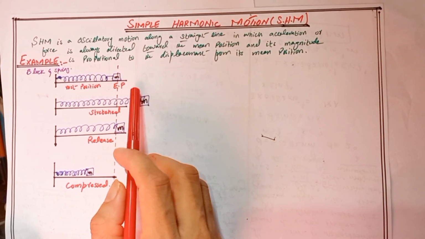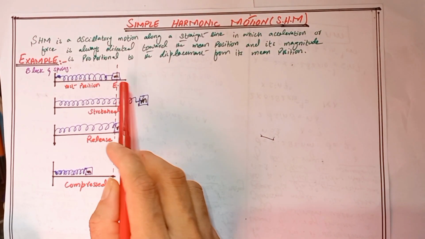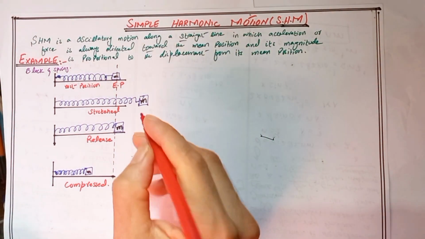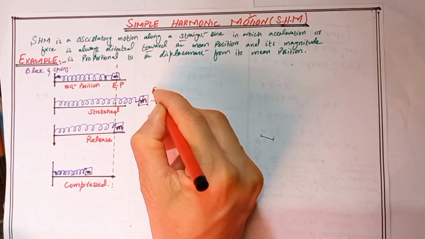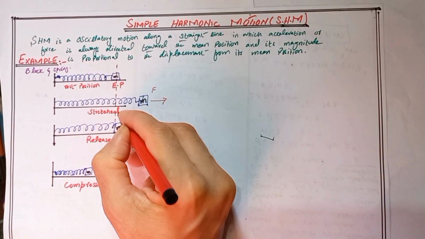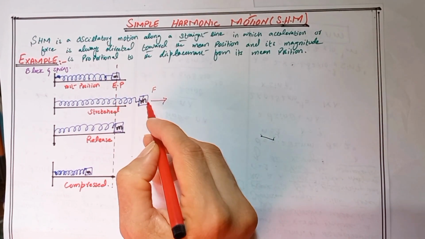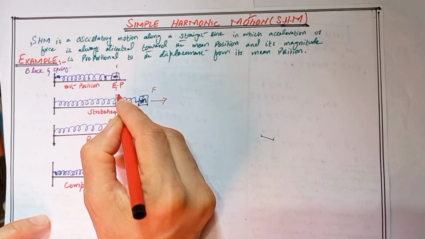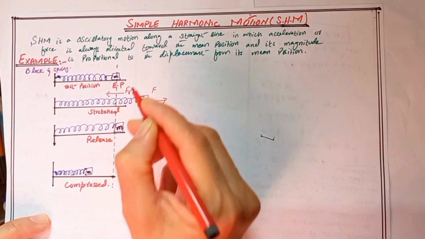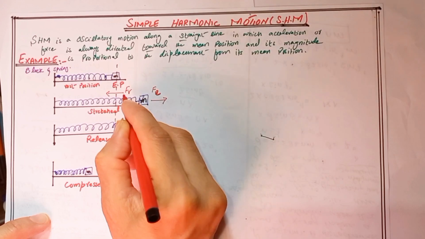This diagram shows the equilibrium position, in which the spring exerts no force on the block. If the block is displaced toward the right from its equilibrium position, the force exerted by the spring on the block is directed toward the left. Here also a force is exerted on the block that is directed toward the left. That force is the restoring force. This is the external force and this is the restoring force.